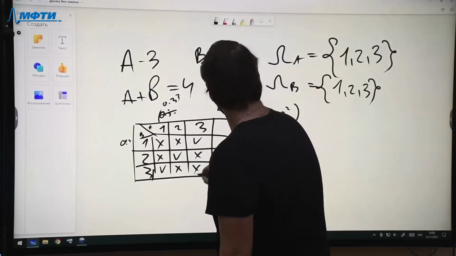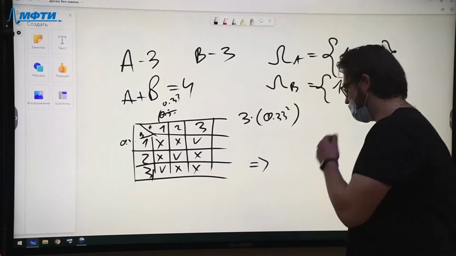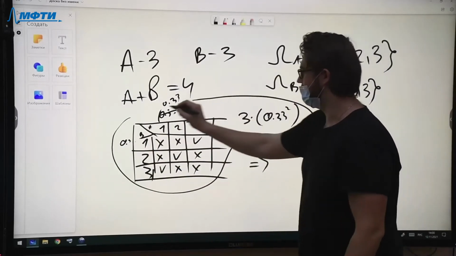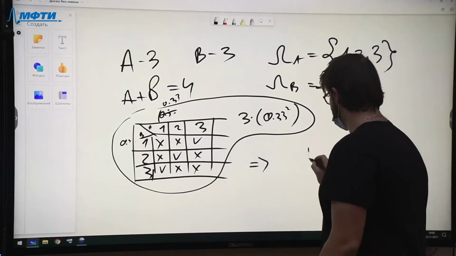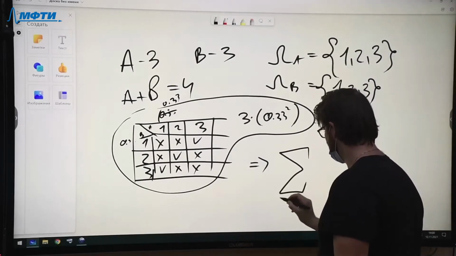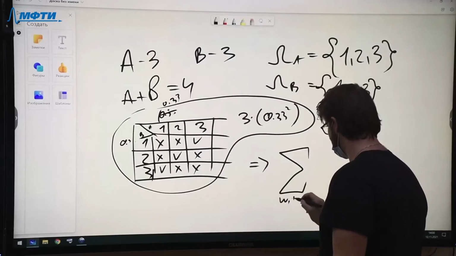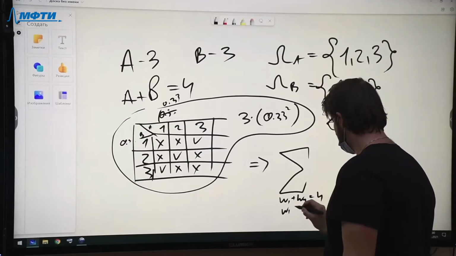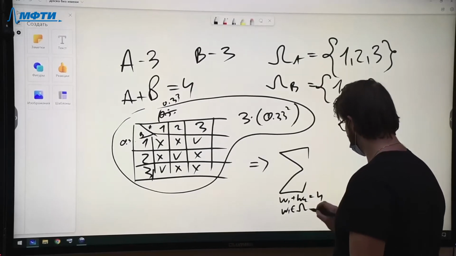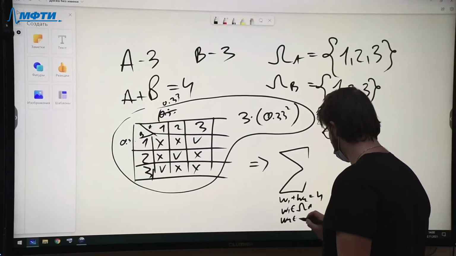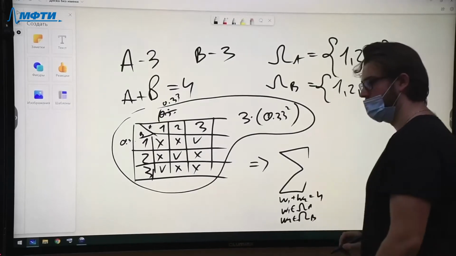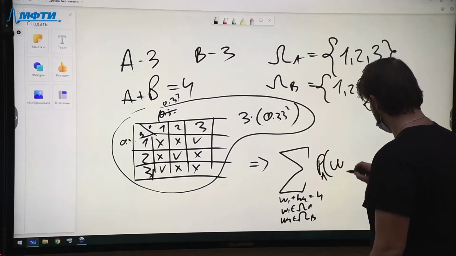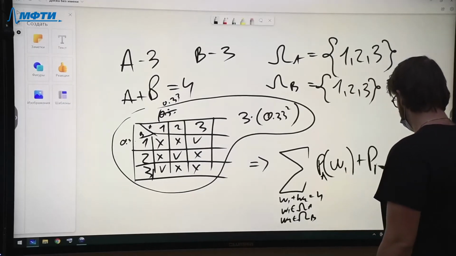My question is, I don't know if it's the correct way of doing it, but instead of drawing this table and wasting my time, is it fine in the test if I just write the sum over lambda, where this plus this equals 4, this is a member of A and this is a member of B, and write the probability of A1 plus the probability of B?